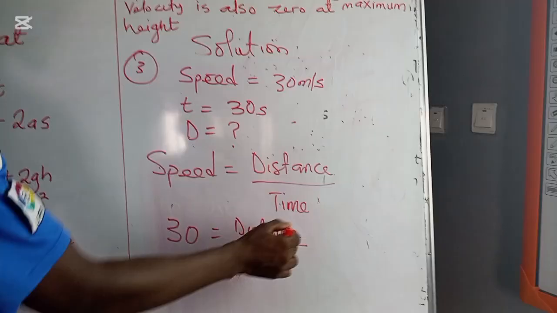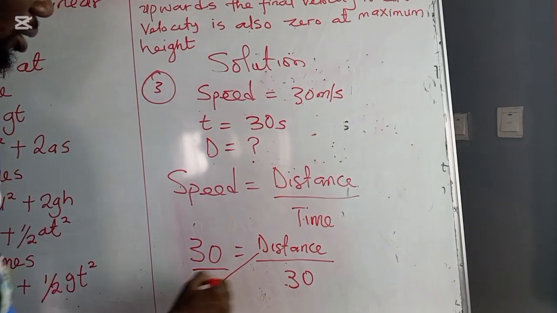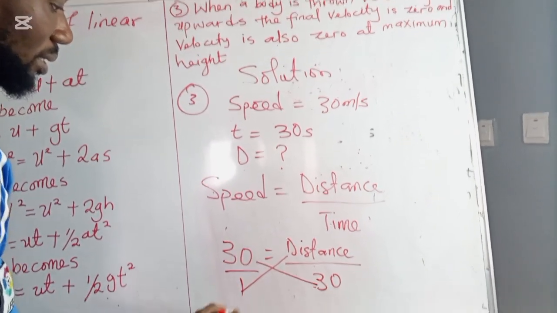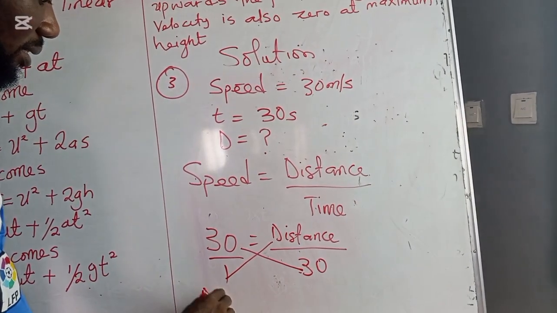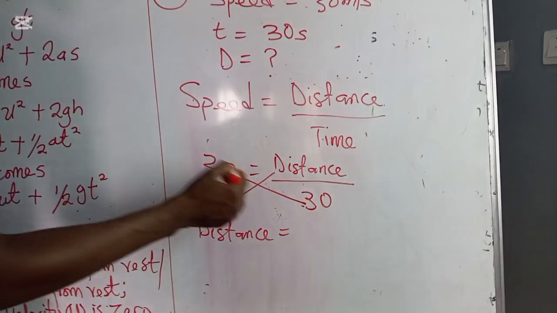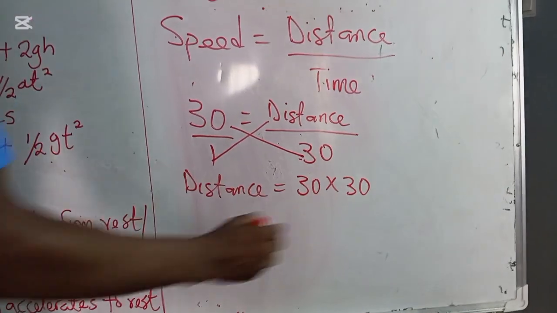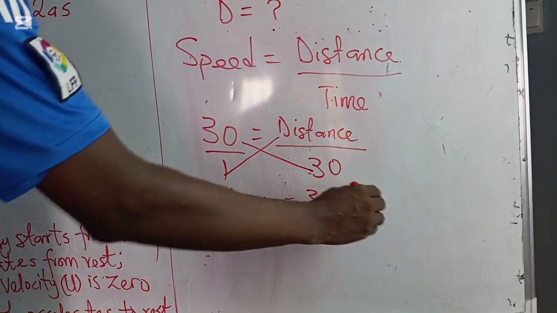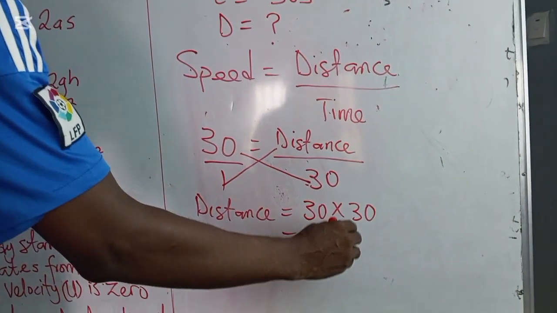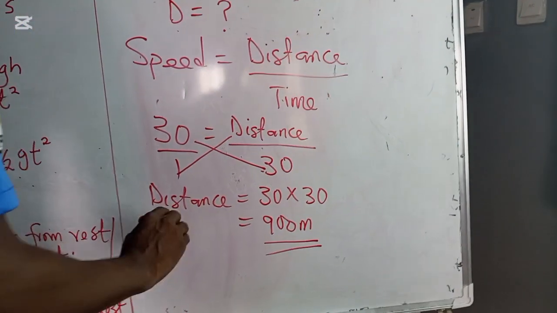So to make distance stand alone, you put 1 here and cross multiply. 1 times distance is still distance. Then on the other hand, you have 30 multiplied by 30. So distance is equal to 30 multiplied by 30, which will give us 900 meters. So that becomes our answer for the distance.